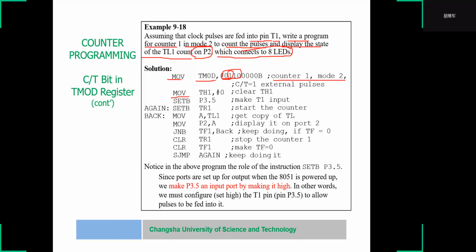Move TH1, #0, clearing TH1. Set B P3.5, make T1 input. Again, set B TR1, start the counter. Back: move A, TL1, get a copy of TL.